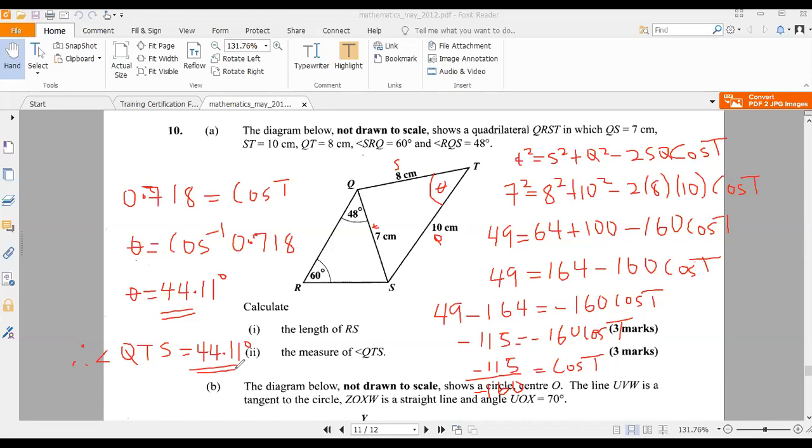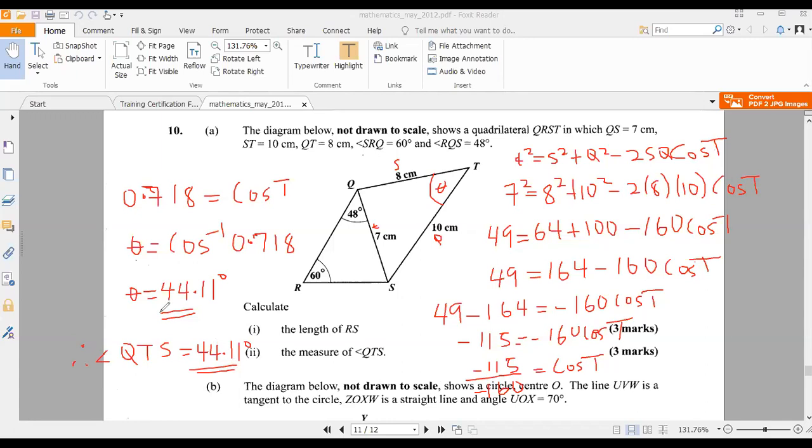Any question? How do you put in the cos inverse on the calculator? For the cos inverse, you press shift first, then press cos.